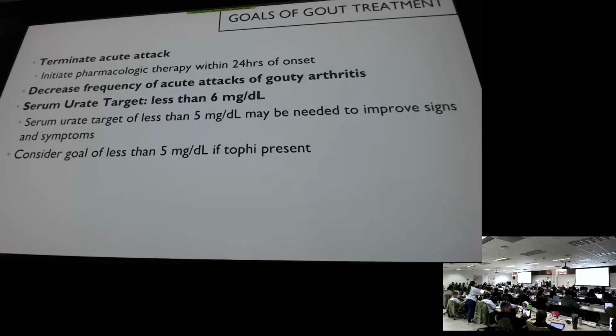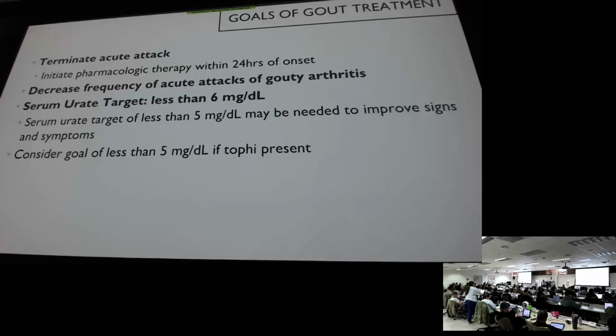So when we do have an attack, we'll go to the next slide and talk about how to treat it. Here's a preview of coming attractions: the same way we treat pain for the most part in all of the disease processes, with NSAIDs, but we've got another new drug to learn about today.